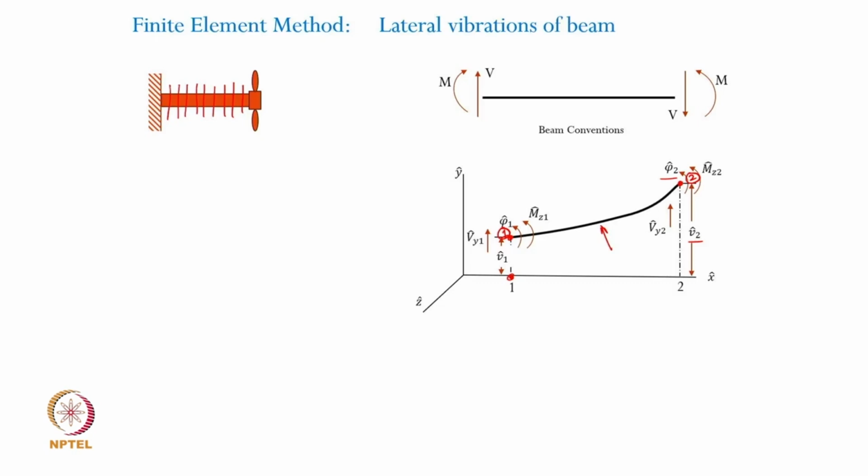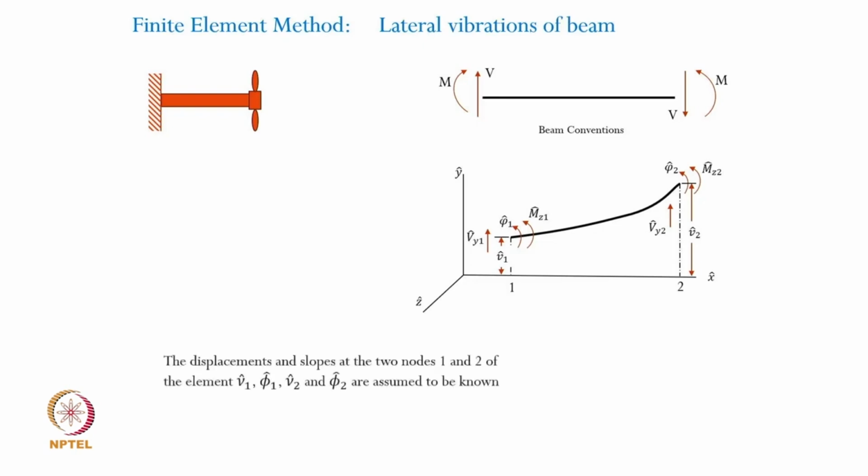There is a slight difference here in terms of the assumed sign conventions, but that is how we define them. Like Vy1 and Vy2 are the shear forces at the two node points, and Mz1 and Mz2 cap are the nodal bending moments at the two respective nodes. Okay, now with this, how do we establish the relationships?